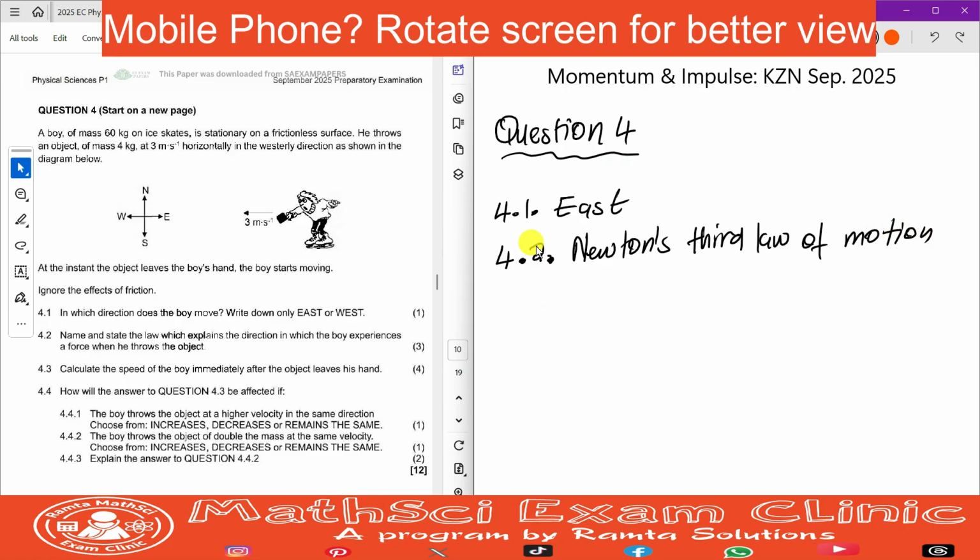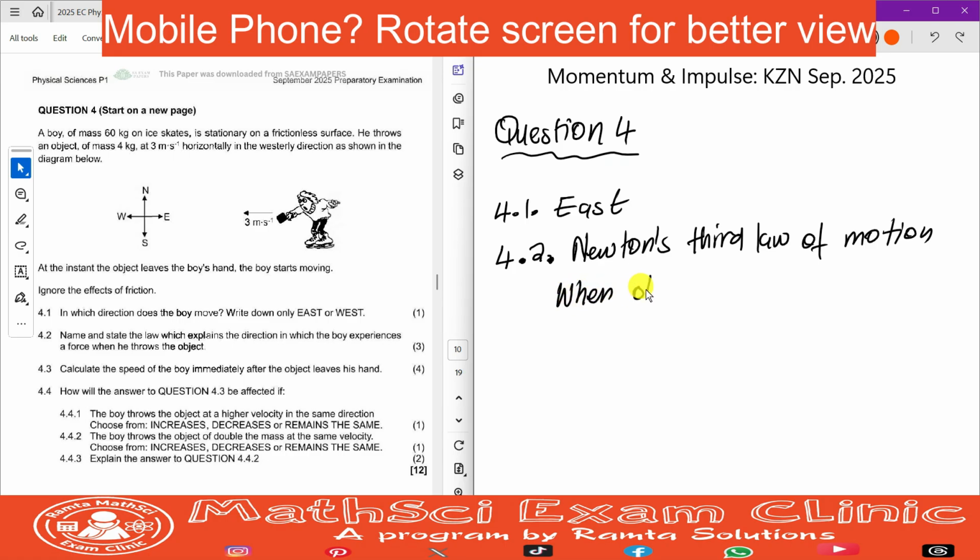Newton's third law of motion says when object A exerts a force on object B, object B simultaneously exerts an oppositely directed force of equal magnitude on object A. In simple terms, when object A exerts a force on object B, B will exert a force of equal magnitude but in opposite direction to object A. So let's write this law.